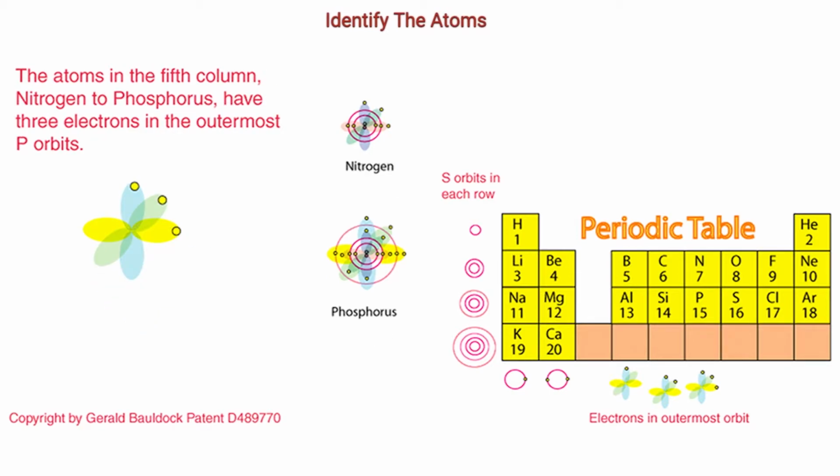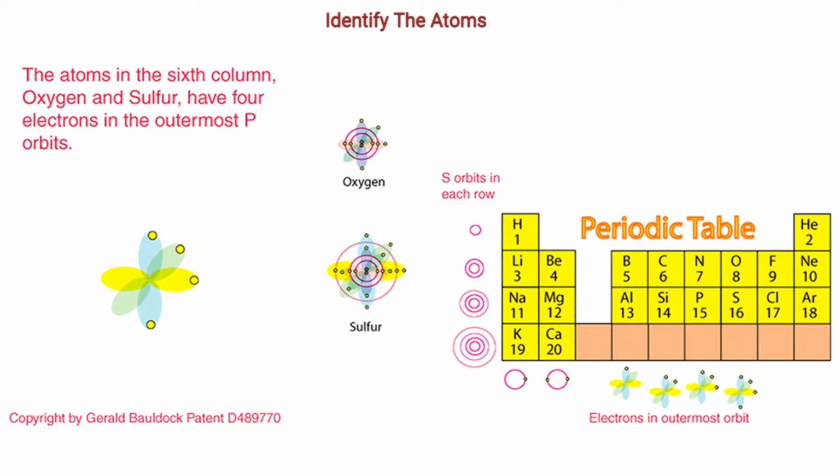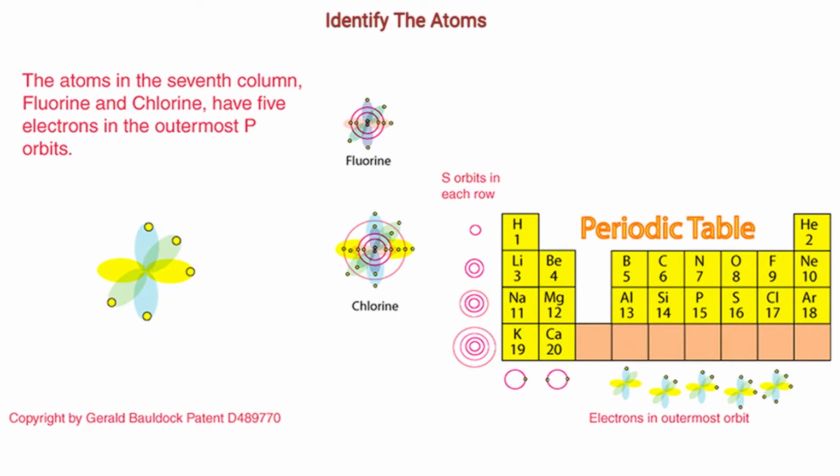The atoms in the fifth column, nitrogen to phosphorus, have three electrons in the outermost p orbitals. The atoms in the sixth column, oxygen and sulfur, have four electrons in the outermost p orbitals. The atoms in the seventh column, fluorine and chlorine, have five electrons in the outermost p orbitals.